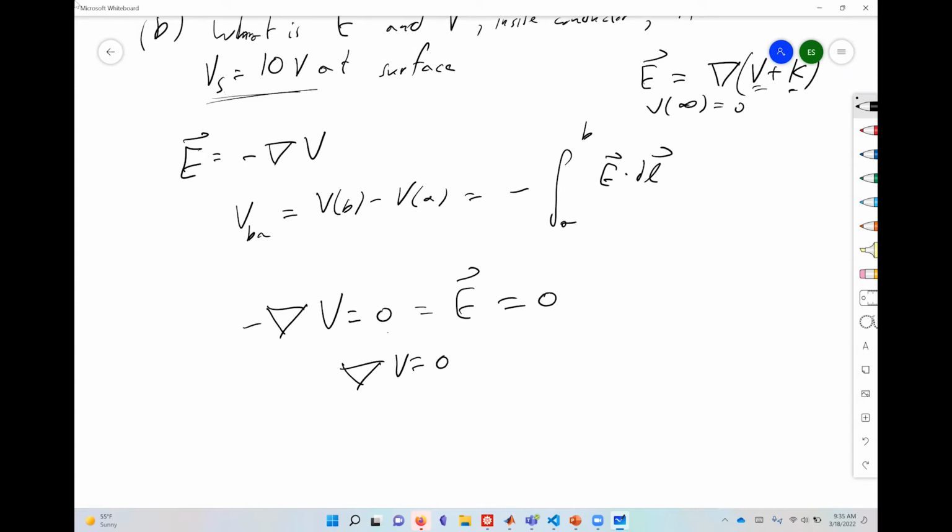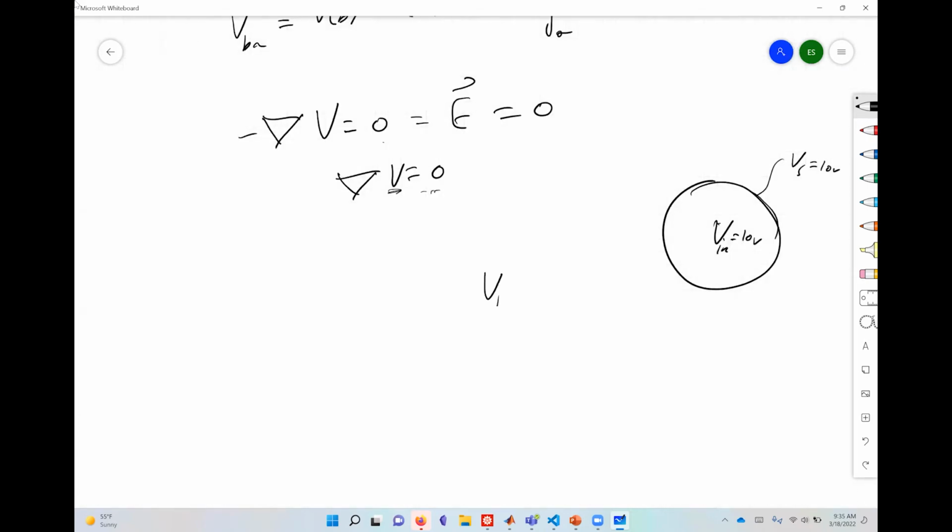Remember, grad V is the directional derivative. If grad V is 0 everywhere inside the conductor, that tells you in any direction, the potential does not change. That means that inside the conductor, the potential is going to be the same as the surface. So if the potential at the surface is 10 volts, V inside is 10 volts everywhere.